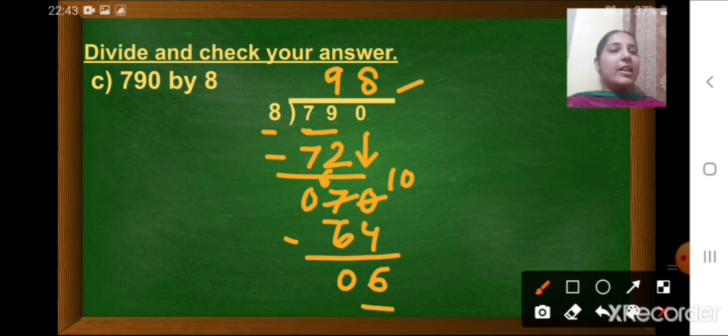We cannot divide it further, isn't it? Because the divisor is more, and we don't have any more digits in the dividend to bring down. So what is the remainder here? 6, and the quotient is 98. So now let's check the answer.